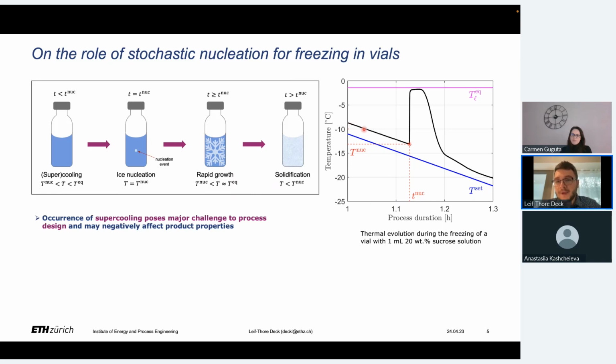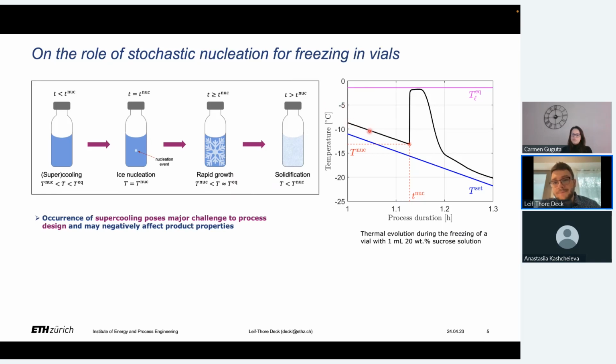In black, we see the temperature evolution of the solution in the vial as measured through a thermocouple. In blue, we see a set point temperature of our freezing device, which is in the case of Crystal16. And in pink, we see the equilibrium freezing point, which is for most aqueous solutions just a bit below 0 degrees. And the interesting thing is, if you look at where the scale starts, we are already below 0 degrees. We are below the equilibrium.